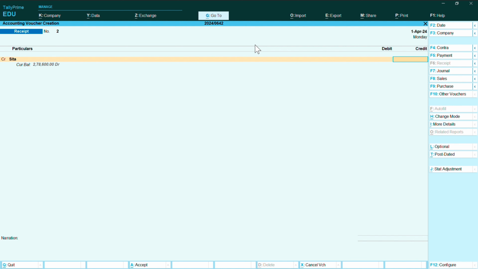Here there is an error in the question. In the question, 1,07,000 is written as received from Sita, but actually the amount is 1,90,000.